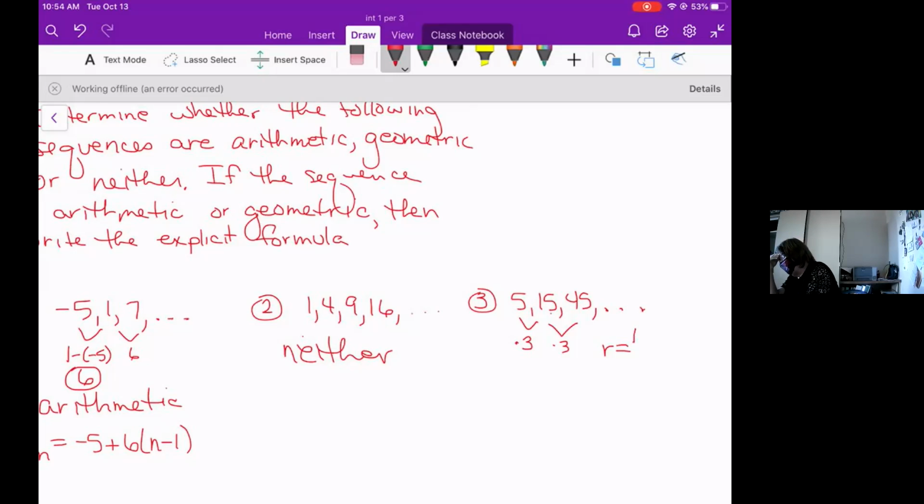So I could do 45 divided by 15, and that gives me 3. So because it is geometric, I have to write the equation. a sub n equals my first number, which is 5, times my r, which is 3, to the n minus 1.